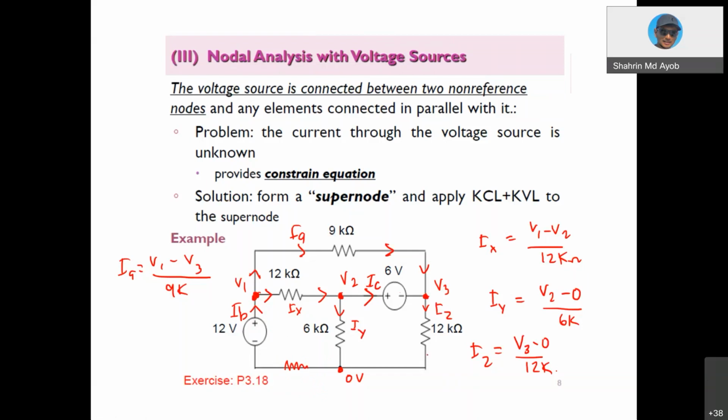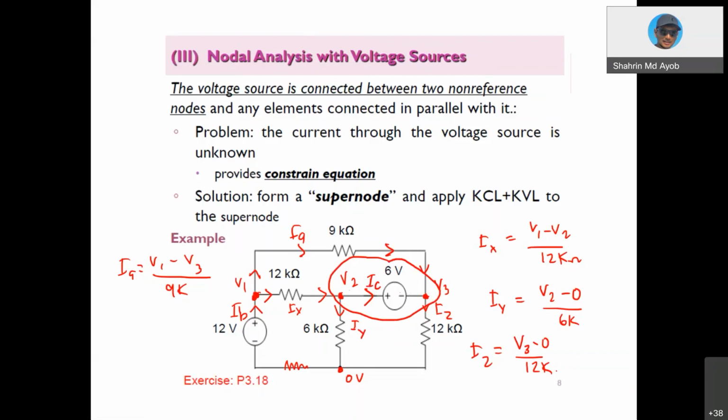The best example is this one: you have a voltage source connected in between. How to get the current here? You cannot get IC.